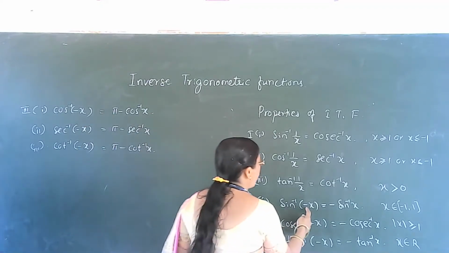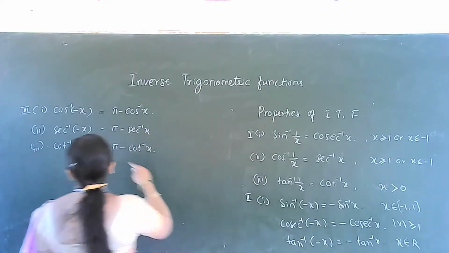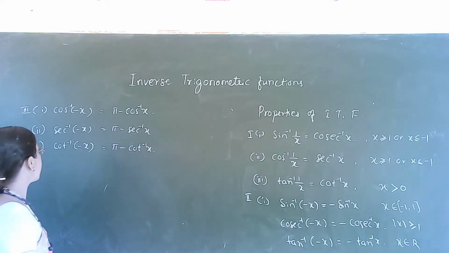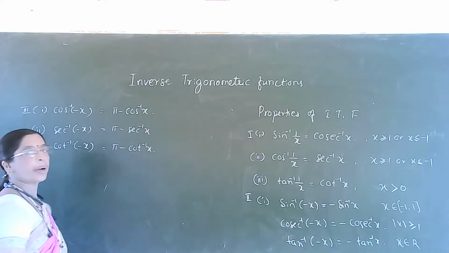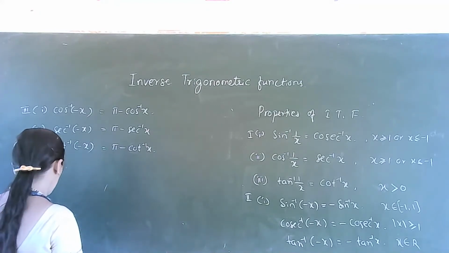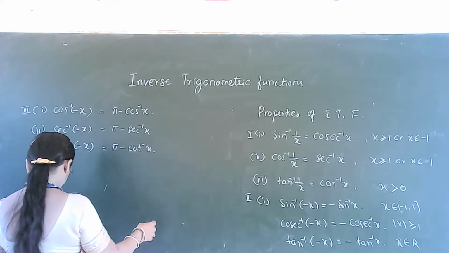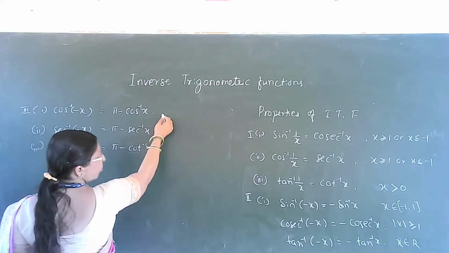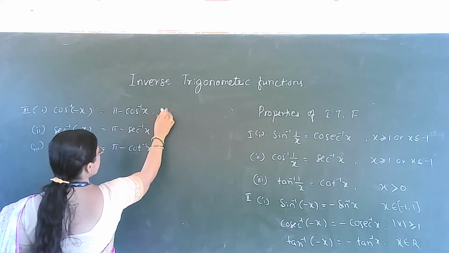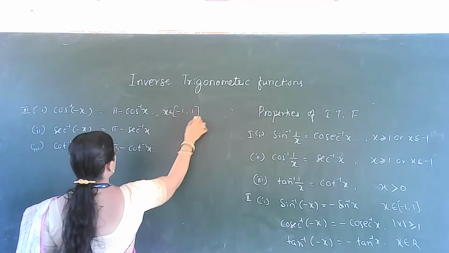Here in all of these, minus is taken common. But here cos inverse of minus x equals pi minus cos inverse x, and sec inverse of minus x equals pi minus sec inverse x. Cot inverse of minus x is equal to pi minus cot inverse x. Here the domain is always of the same type. For sin, x belongs to minus 1 to plus 1.